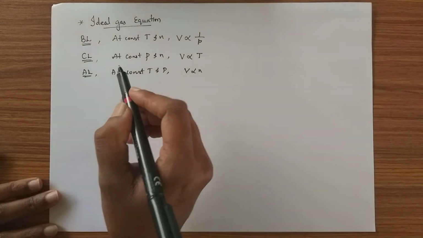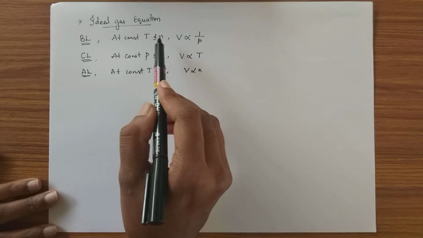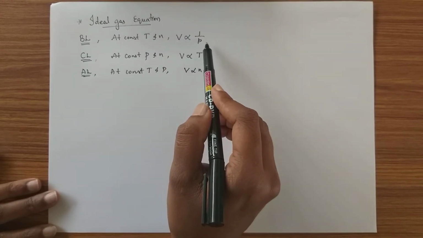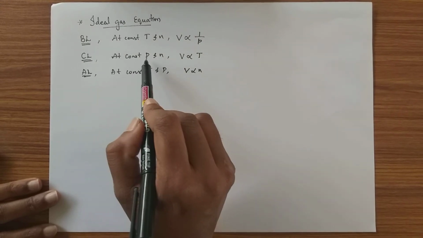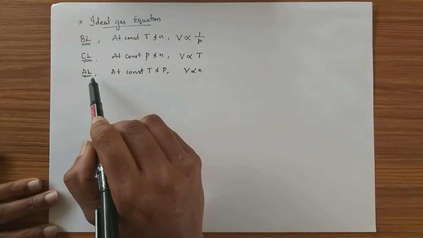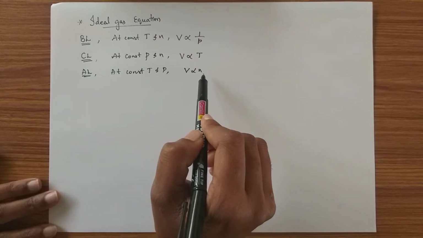Okay na? So these are the three laws we learnt. Boyle's law, at constant temperature and amount of gas, volume is inversely proportional to pressure. Charles' law, at constant P and n, volume is directly proportional to T, whereas Avogadro's law, at constant temperature and pressure, volume is directly proportional to number of moles.